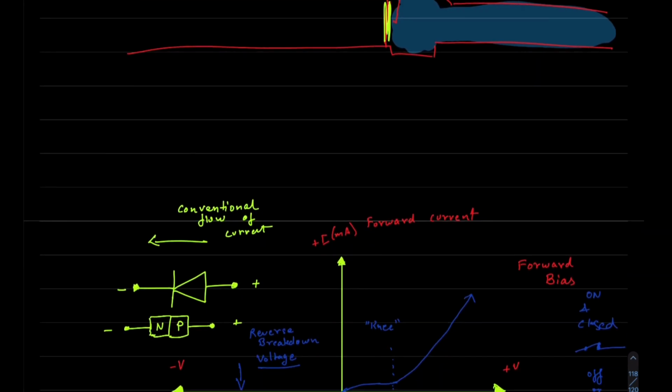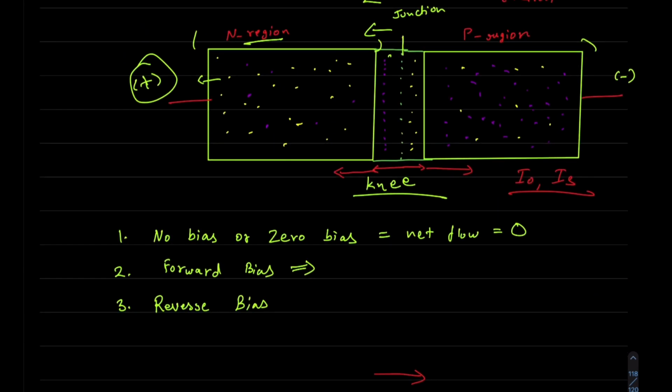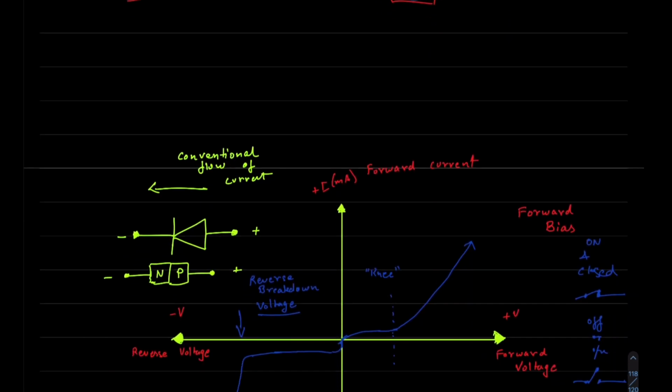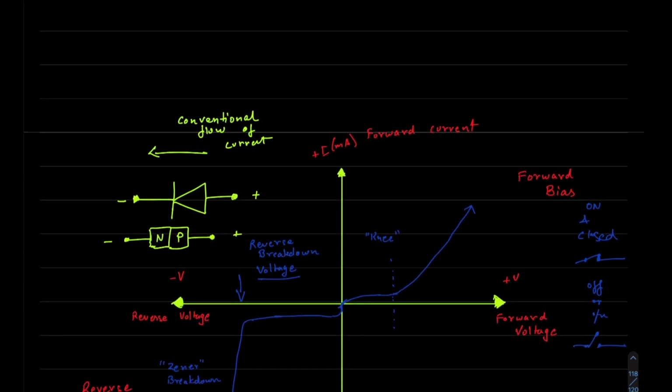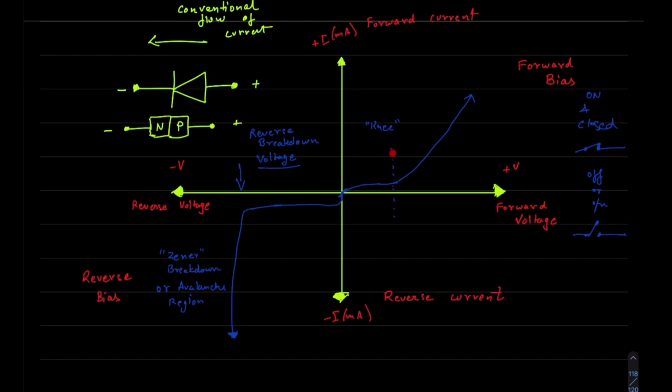The depletion layer becomes very thin and narrow, which represents a low impedance path. There is still some depletion layer, but it's very, very narrow, so this allows the flow of current. After the knee, the forward current shoots up.